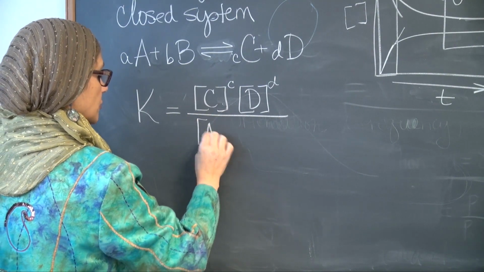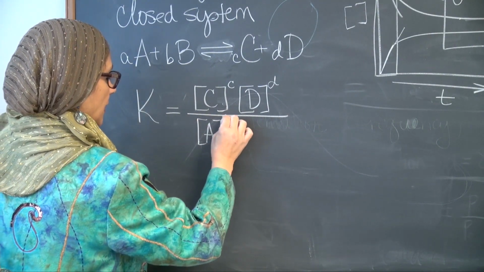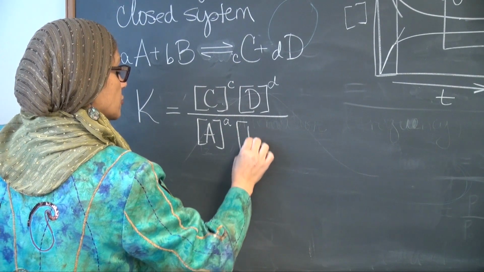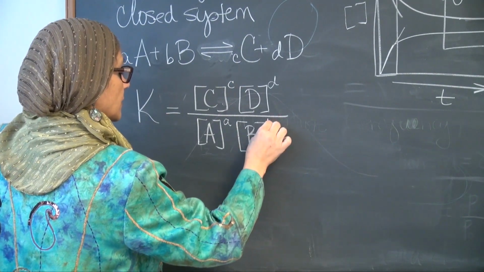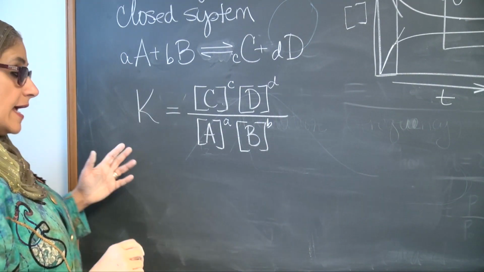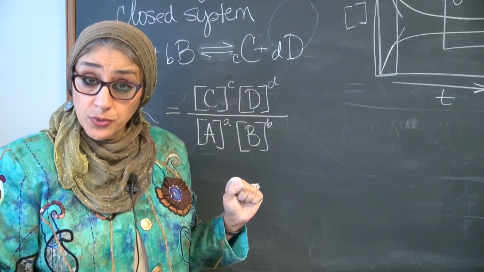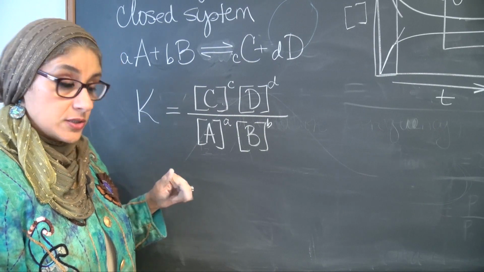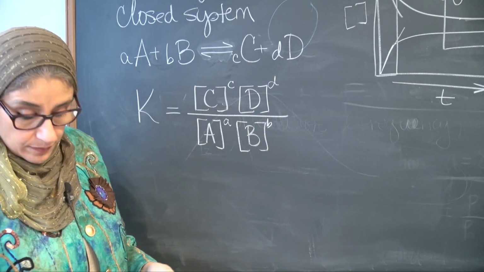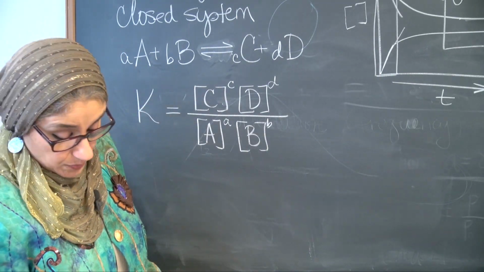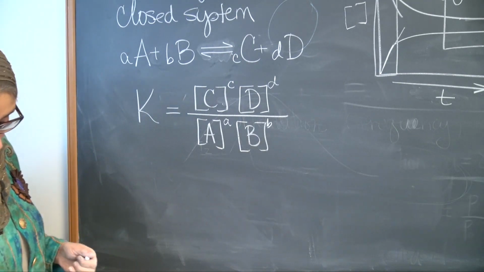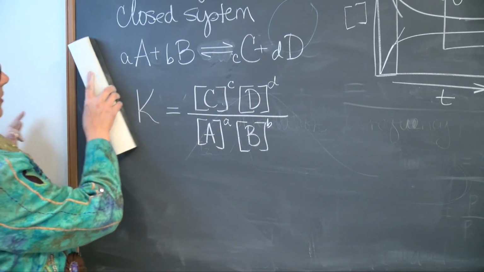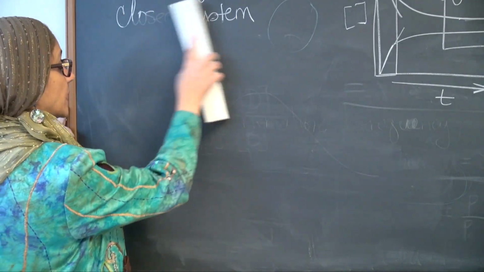So we have the concentration of A to the a power times the concentration of B to the b power. And that would be the form of the expression of the equilibrium constant for this particular reaction. Now let's take a look at some specific reactions and write down the equilibrium constant expression.